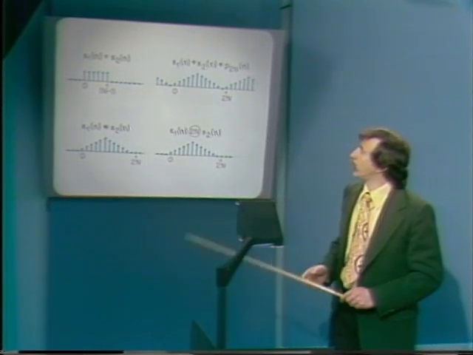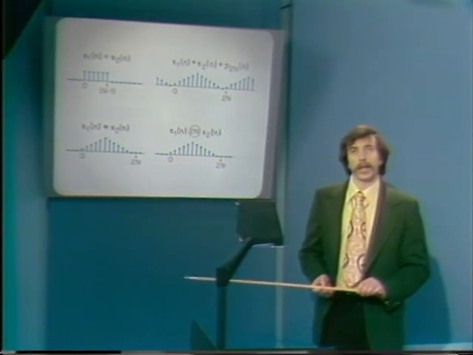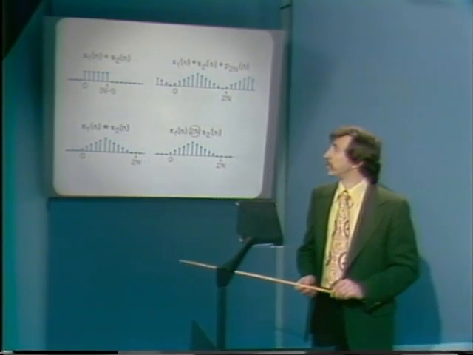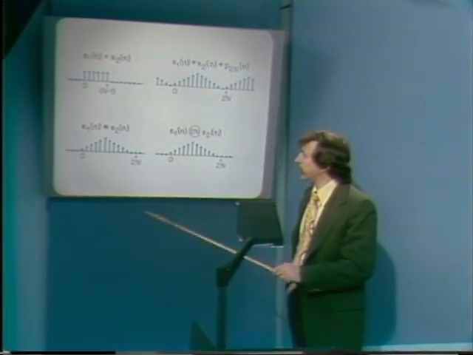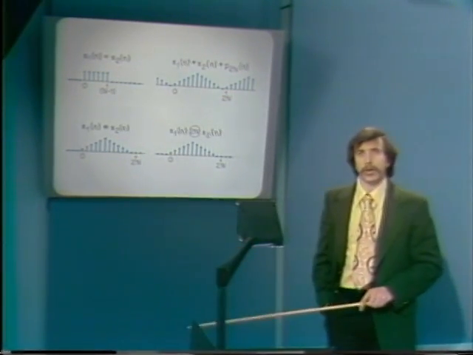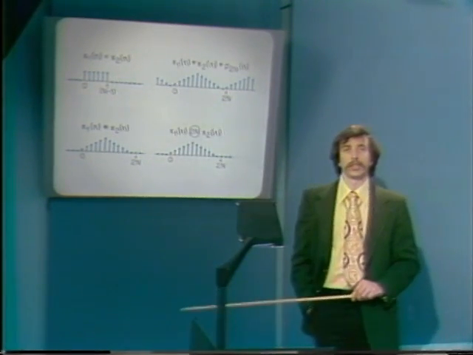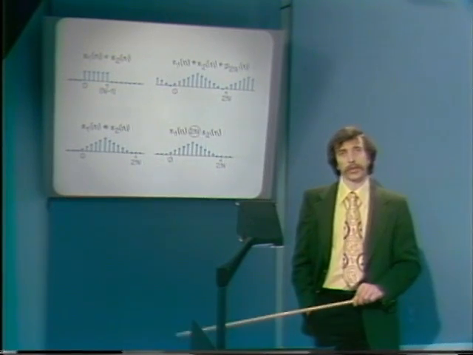So if we want to implement a digital filter or a discrete time system using this kind of approach, then we would like to have some strategy that avoids the problem of having to buffer the entire input.